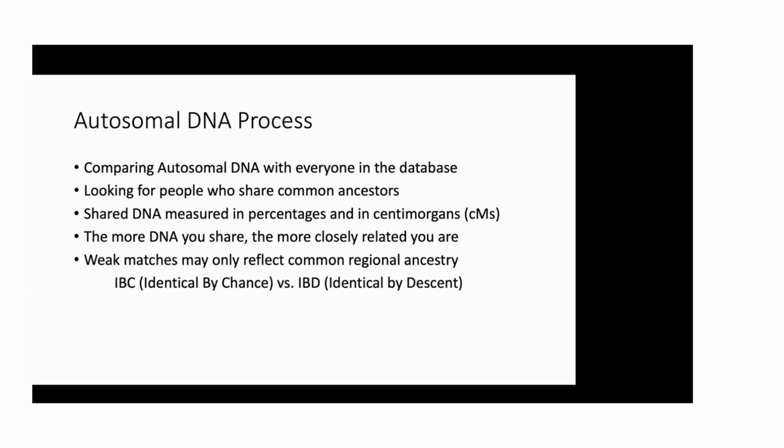The amount of shared DNA is measured either as a percentage or in a unit called centimorgans. And generally, the more DNA you share with the match, the more closely related you are. On the other hand, the weakest matches may not be related to us at all. They just happen to have ancestors from similar regions.